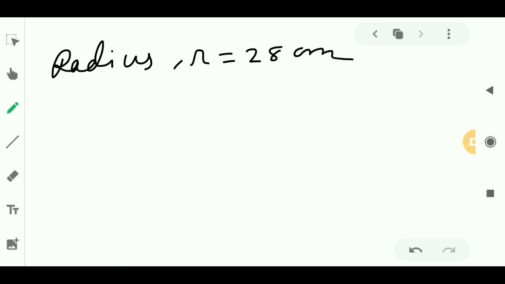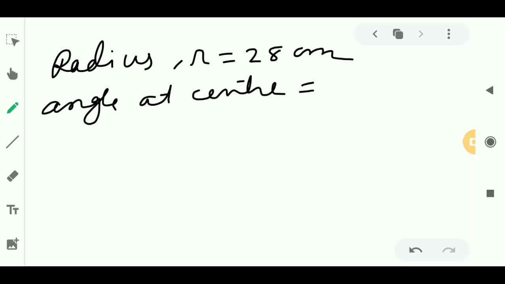So we are going to use that. At first I will write the radius here. Radius is 28 centimeter. So the angle at the center: 6 equal designs are there, so divide by 6, 60 degrees. Theta is 60 degrees. Now we are going to find the area of the sector first.